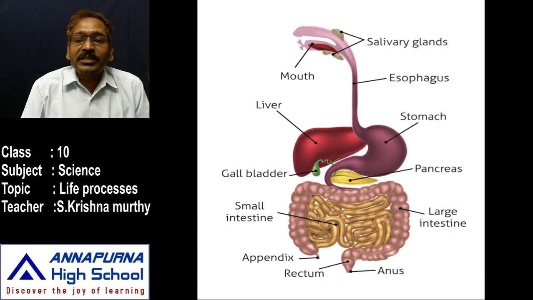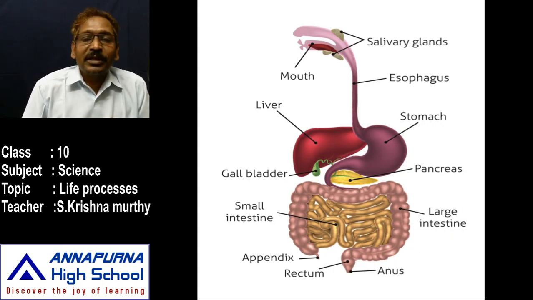The circular muscles on the esophagus make contraction, and the longitudinal muscles make relaxation. Once we swallow some food material into the esophagus, that food passes towards the stomach.